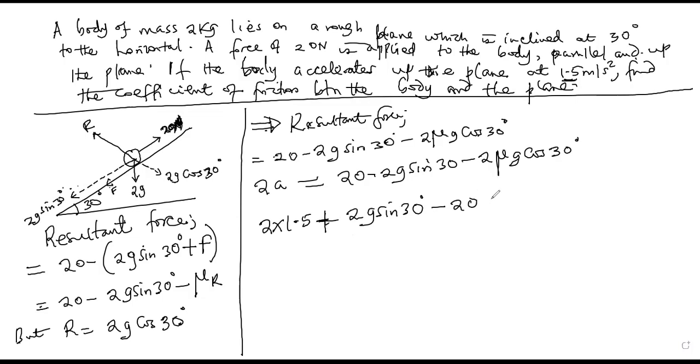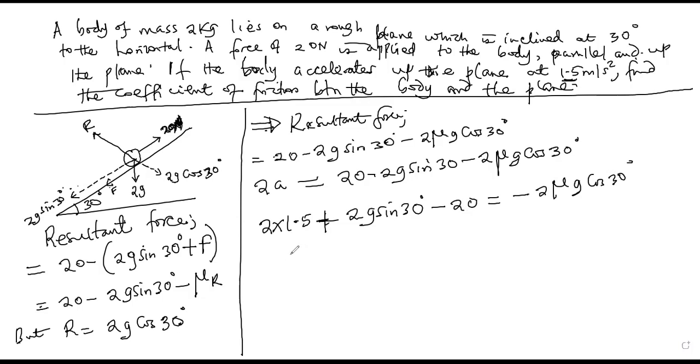This should be equal to, of course, I've substituted directly and brought these this side, so I will be left with negative 2 mu g cos 30. What you'll get here will be negative something, because you're subtracting 20. So you get some simplified thing.